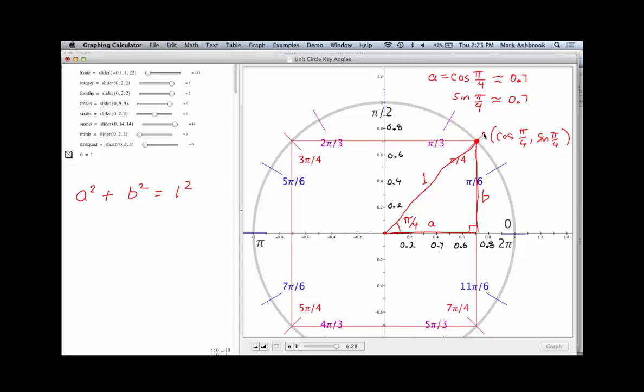So therefore, we can change this to a squared plus a squared, because a and b are the same for this particular angle. And now we can solve it, right? So we get 2a squared equals 1, a squared equals a half, and a equals the square root of 1/2.